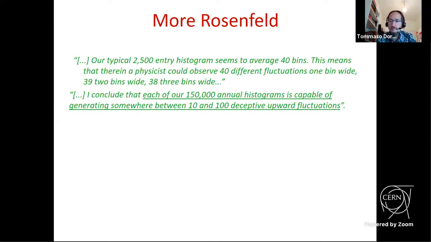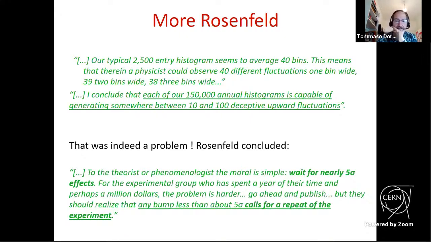And you can combine many beams, because not only are you not specifying beforehand the mass of the particle you're looking for, you also are not specifying the width of the resonance. You know that particles may have a narrow or a wide width depending on their lifetime. So this was a problem. And so he was advising the theorists or phenomenologists that the moral is simply to wait for nearly 5 sigma effects, because this is really difficult to obtain even a posteriori, even if you add a lot of trial factor.